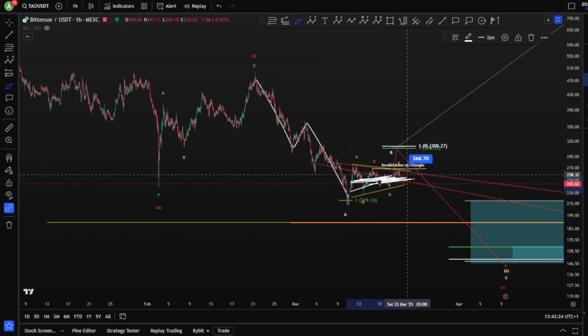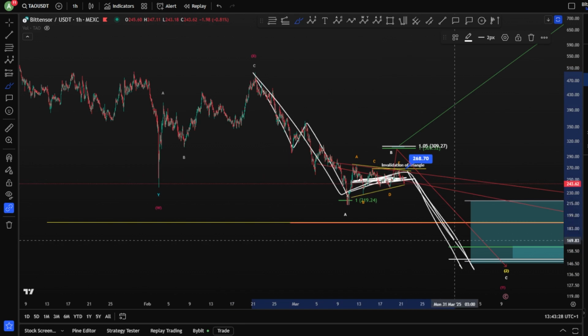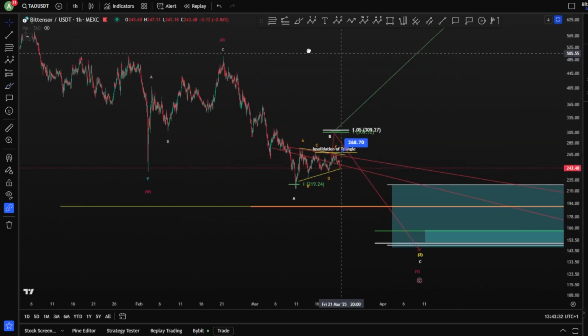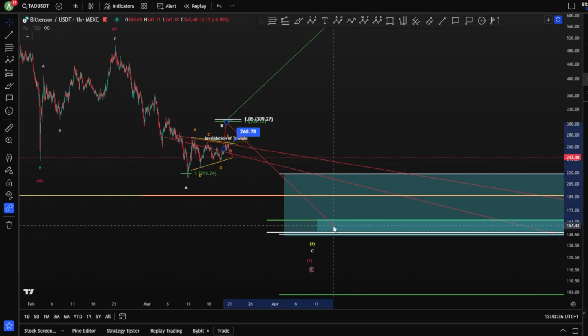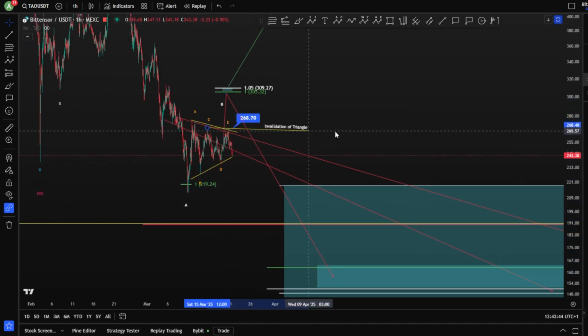Now we get, of course, this corrective triangle. It is your X, and of course we're moving towards the downside in W, X, and a Y. Again, potentially for TAO to hit the perfect blue box. By the way, we have already our scenarios here, as you can see. And we said if we hit the invalidation of the triangle, therefore, of course, we think to move for higher, but this did not happen.